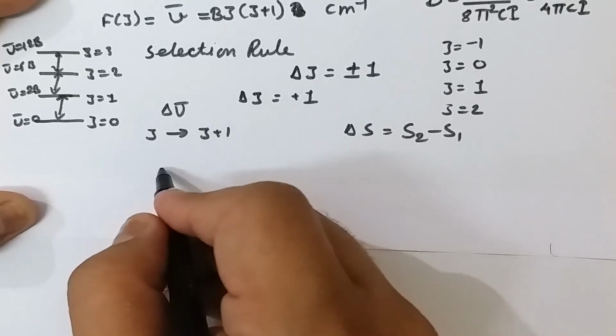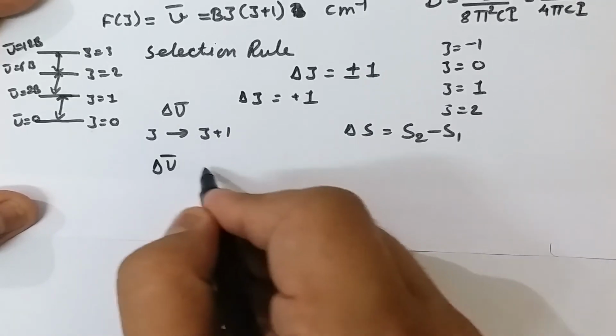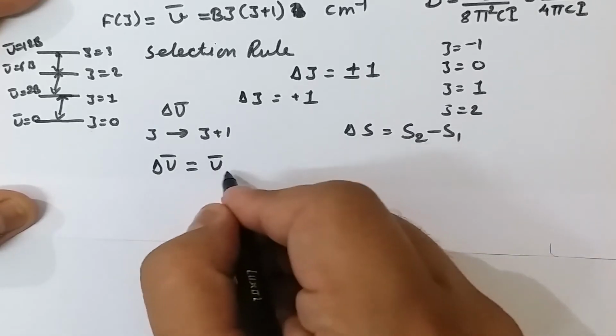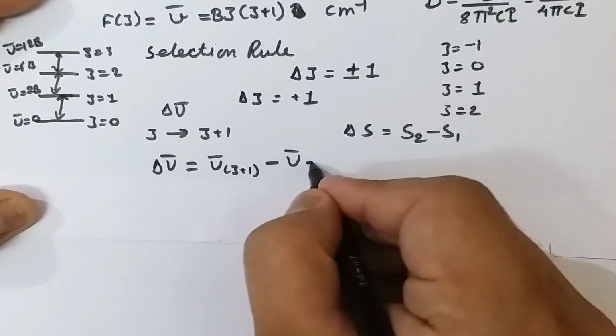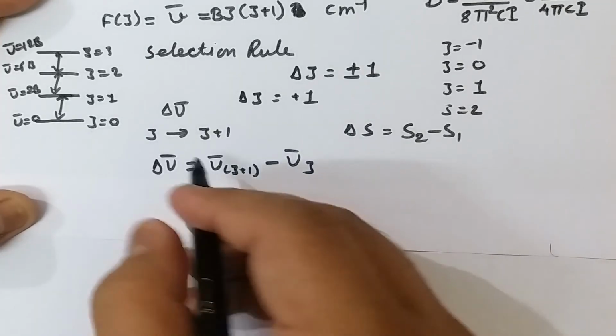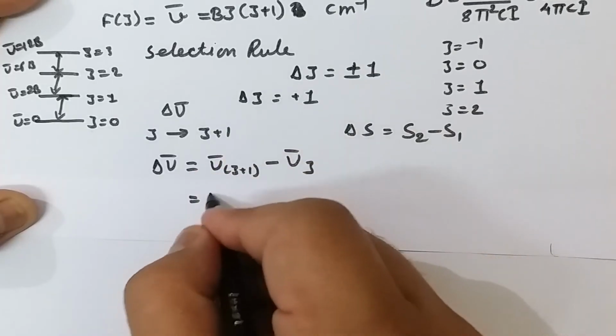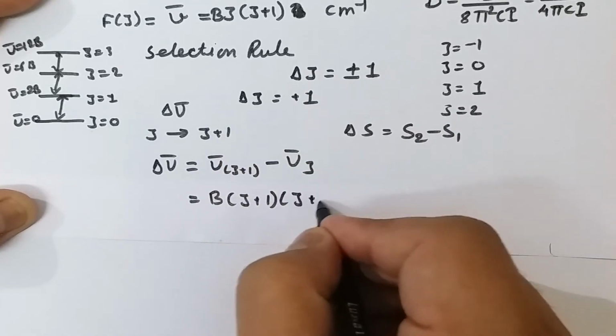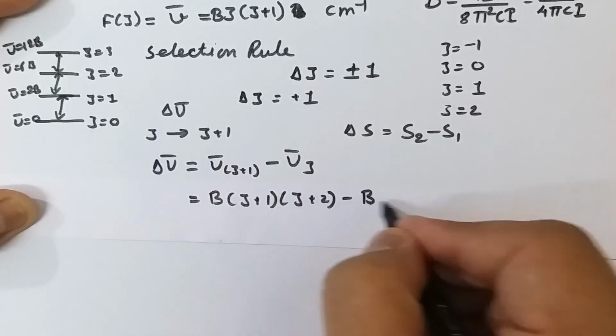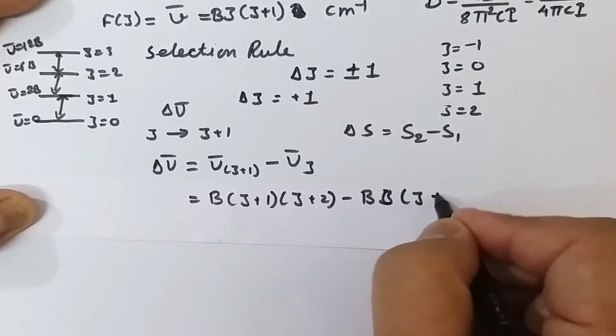So delta V bar will be equal to V bar of J plus 1 minus V bar of J, and that is equal to B into J plus 1 into J plus 2 minus B into J into J plus 1.